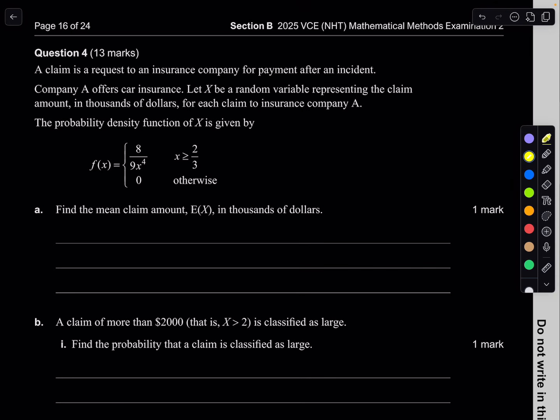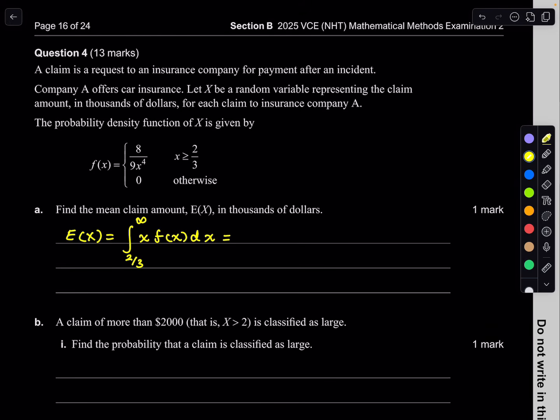Okay, so to find that, it's basically to find the mean for a continuous random variable. Your expected value of X is going to be the integral from 2 over 3 to infinity of x times f of x dx. So put that in our CAS calculator and we should get it. It's only 1 mark.